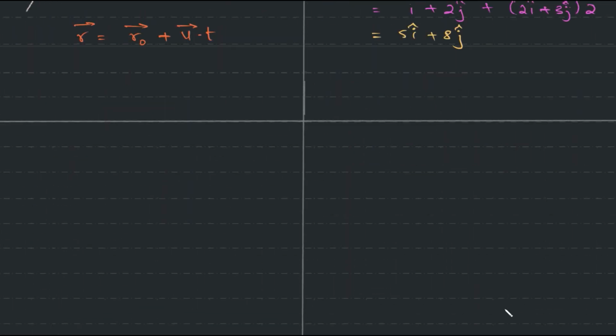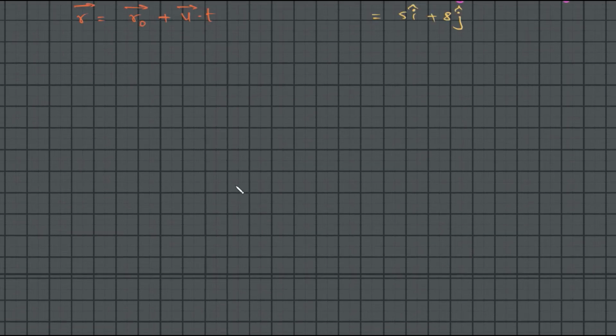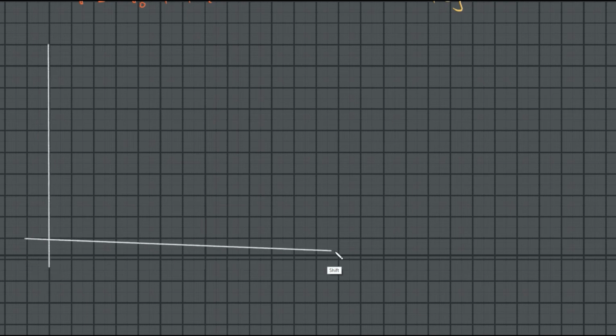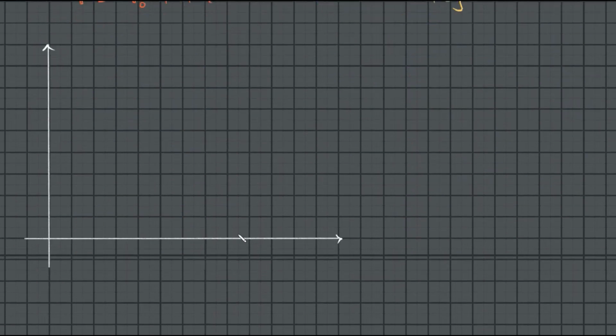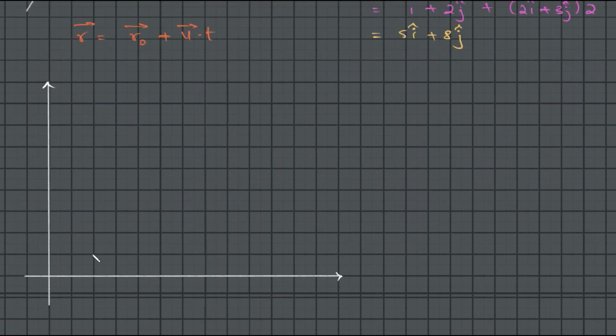Actually, let me take some time and let's discuss this, let me put it across in this manner. Let me draw the path of the particle. So we have the particle at 1, 2 if I'm right. I'm not putting the tick values. So this is 1, 2.